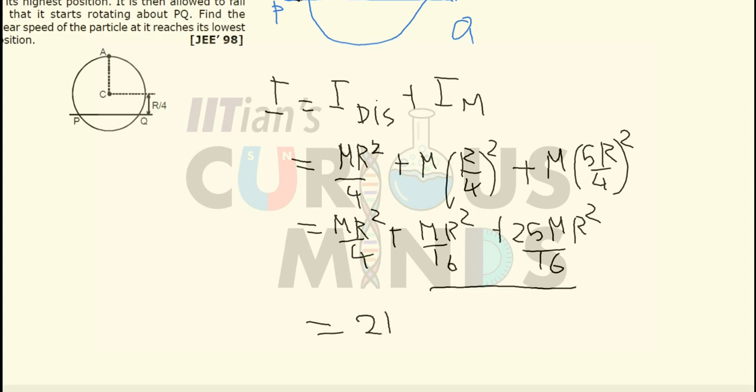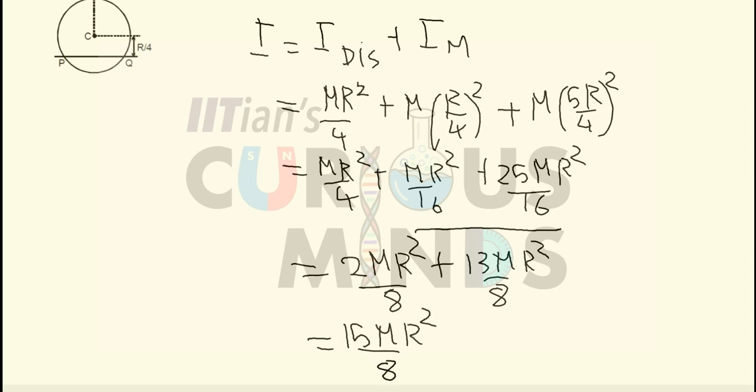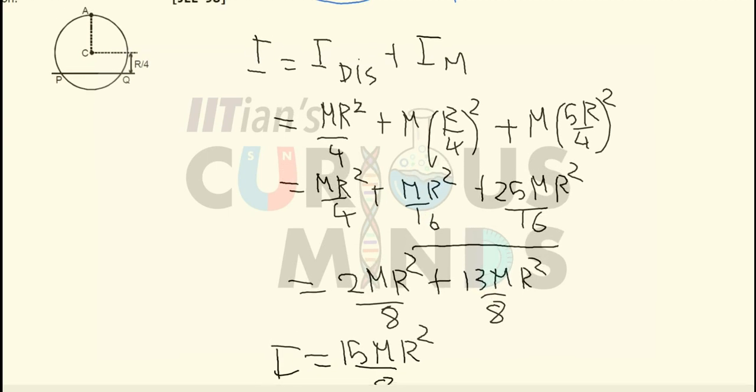So this can be written as 2mr²/8 + 13mr²/8, which is over here equal to 15mr²/8. This is the moment of inertia of the entire setup along the axis PQ.